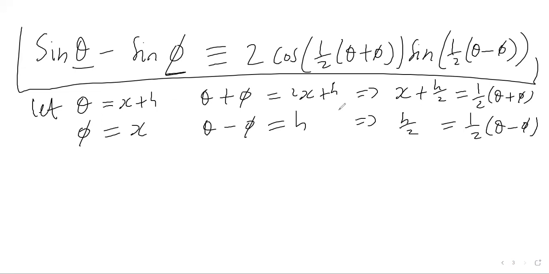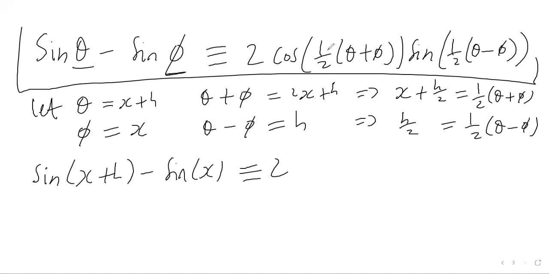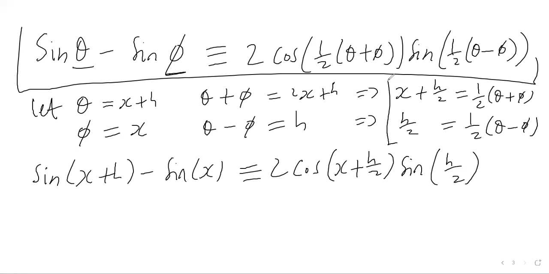So now we can just plug in the numbers into this identity. So now we know that sine of x plus h subtract sine of x is going to be identical to 2 lots of cos of x plus a half h multiplied with sine of a half h, just by using these results up there.